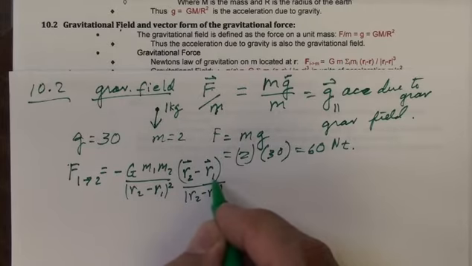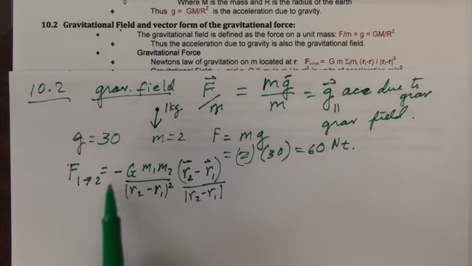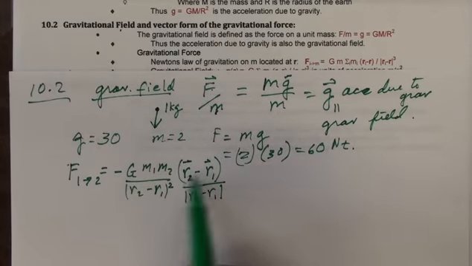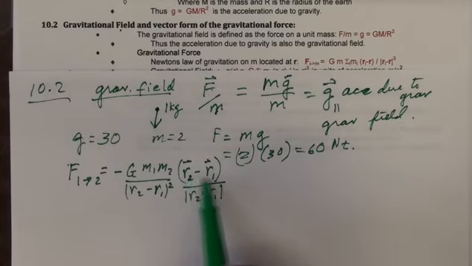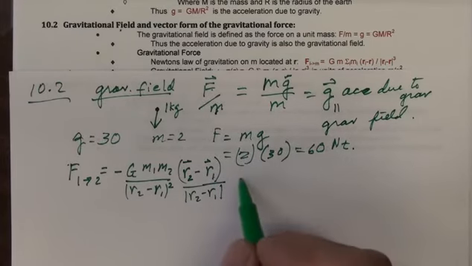This gives us a unit vector in the correct direction. Now you notice this minus sign here really inverts this, so this is the force of 1 on 2. We can make this a plus sign and write this as 1 on 2. And since this is a magnitude, they become 1 on 2 also.